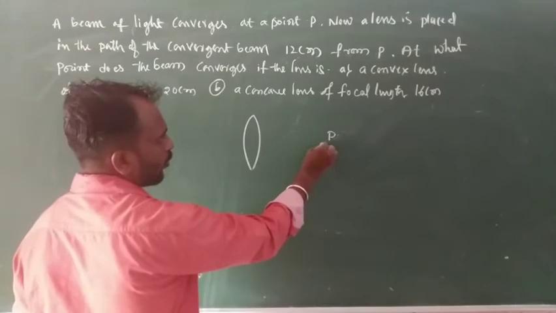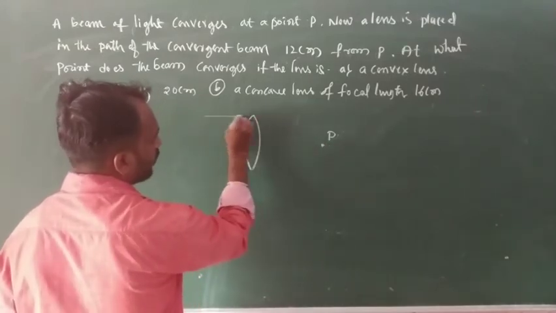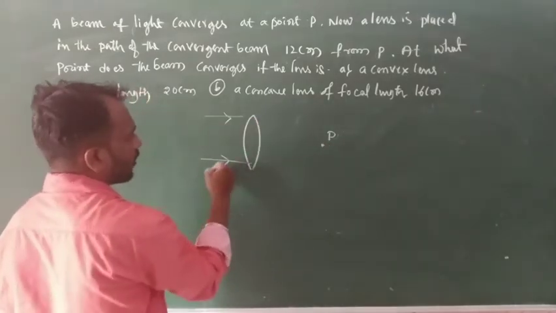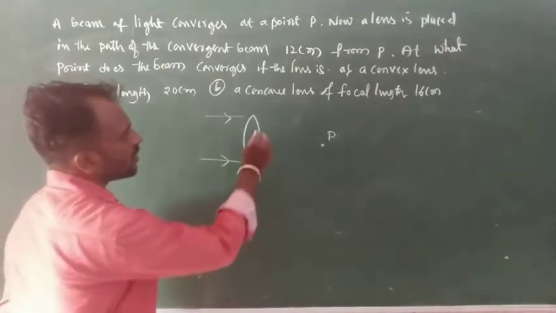Suppose light rays pass through this convex lens, then what happens?